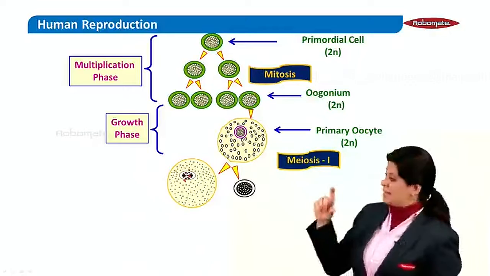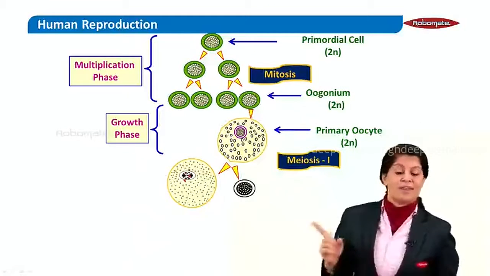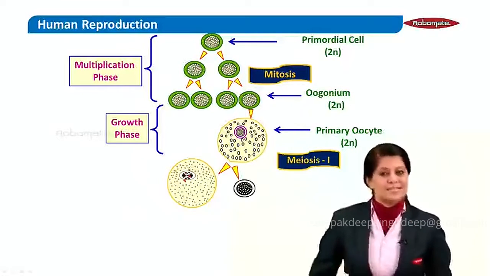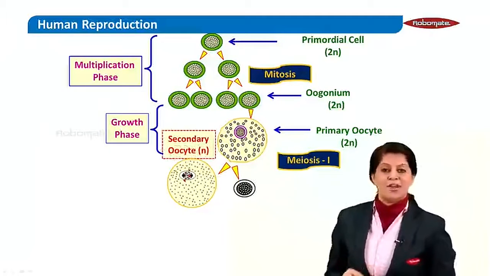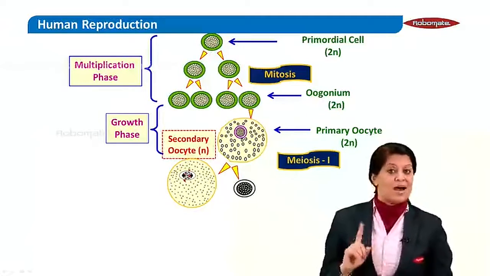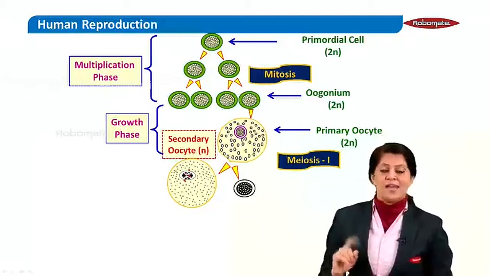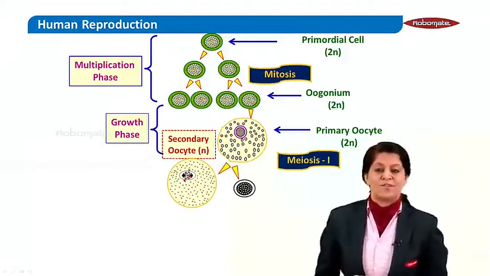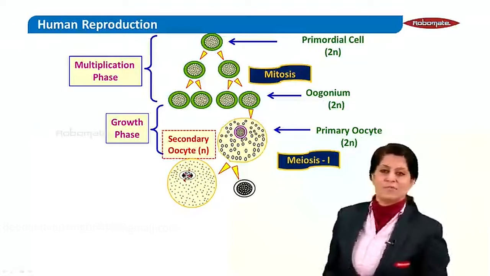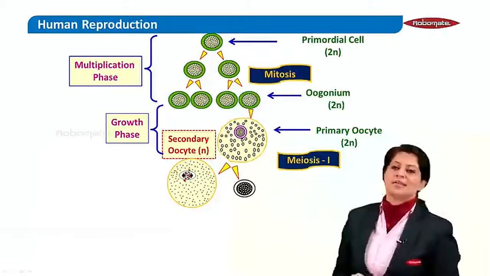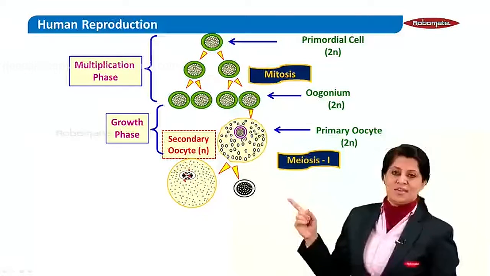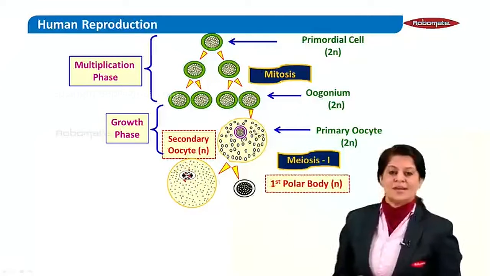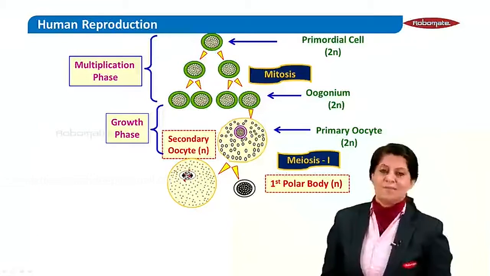There is one big cell and then there is one very small cell, and the big one is called the secondary oocyte, and you see the number is halved now. It is N. N means haploid set of chromosomes, single set of chromosomes, because meiosis 1 is a reduction division itself, and the small cell which you see here, students, is called the first polar body.